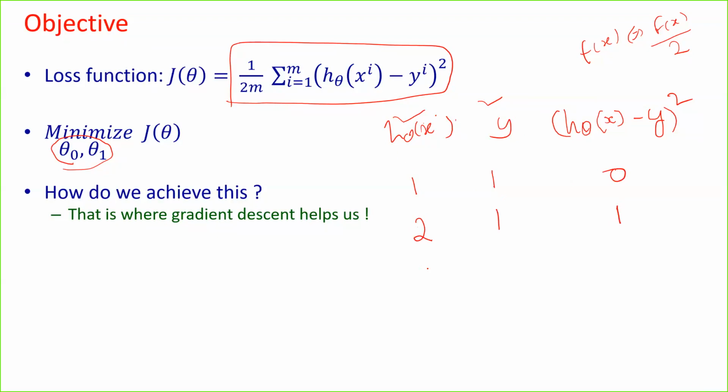If h theta of x is 3 and the actual value is 1, the penalty is 4. If the predicted value is 4 and the actual value is 1, the penalty is 9. Then 5 versus 1 adds a penalty of 16. So what is your observation? The more the prediction deviates from the actual value, the more penalty you add to the cost function.